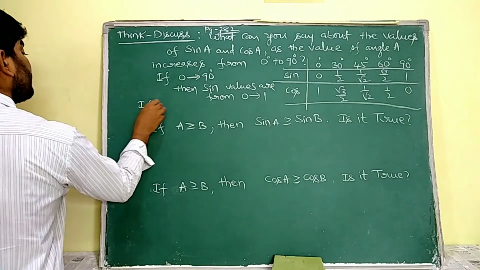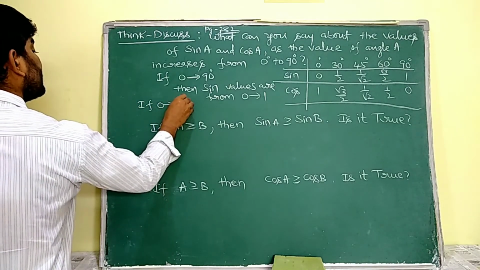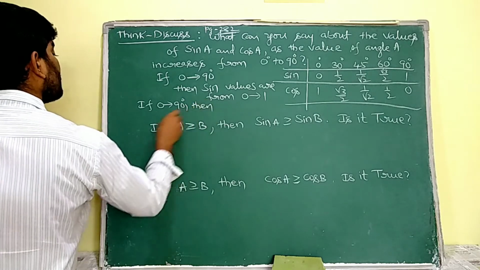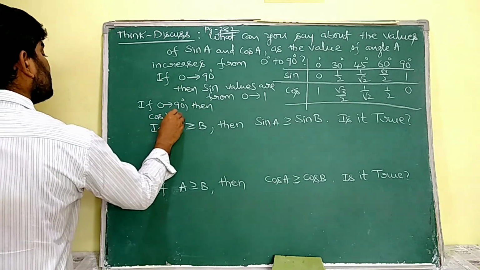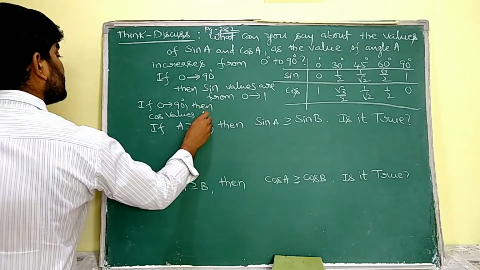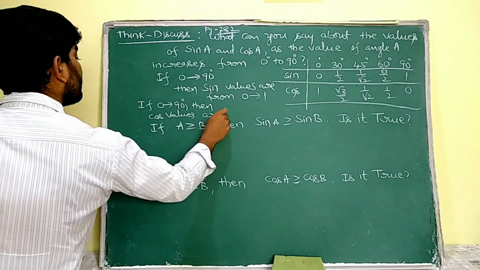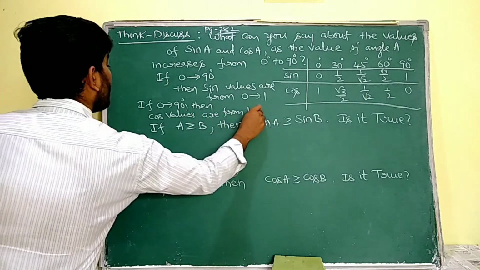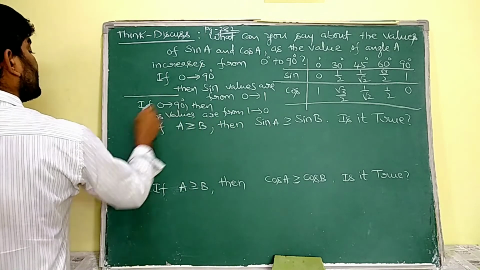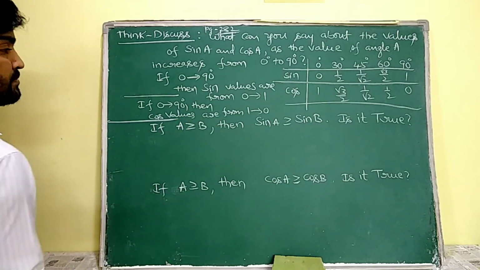Similarly, if 0 to 90 degree, then cos values are from 1 to 0. So this is the observation here.